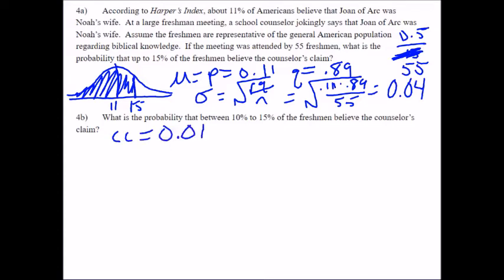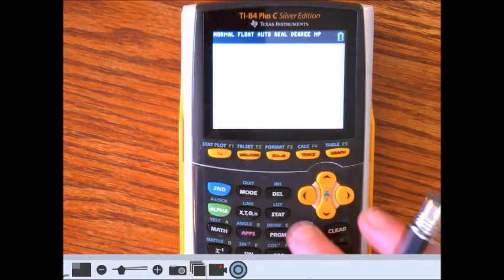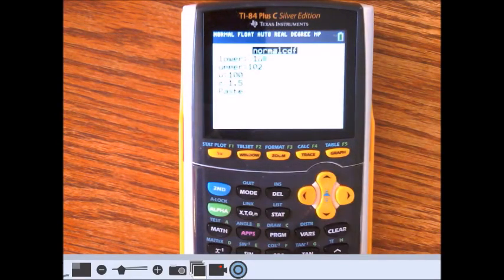So what I'm going to actually calculate on my calculator is the probability that x is less than or equal to, I'm going to add 0.01 onto the 0.15, so 0.16. On my calculator, I'm going to do second vars 2. My lower is actually going to be negative 1 E99.